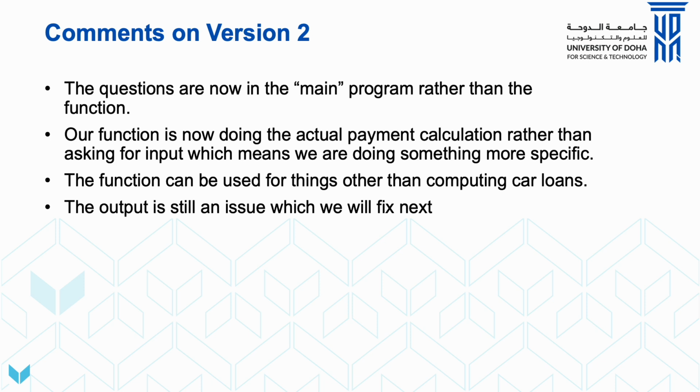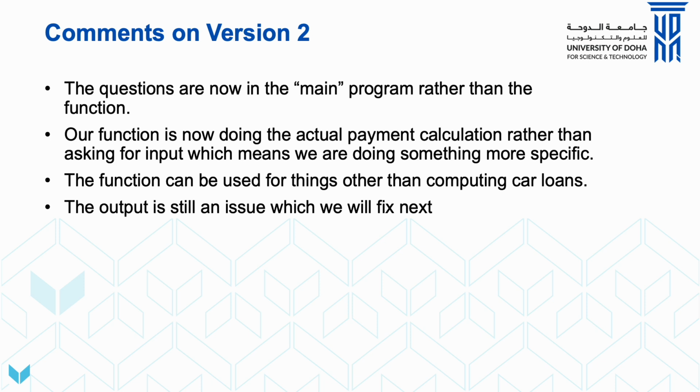Something called calculate payment should calculate the payment. It shouldn't ask the user for input, calculate the payment, and produce the output. If it does, that's the name of the function, and nobody wants a function name this long. So our function is doing the actual payment calculation rather than asking for input. That's very good.